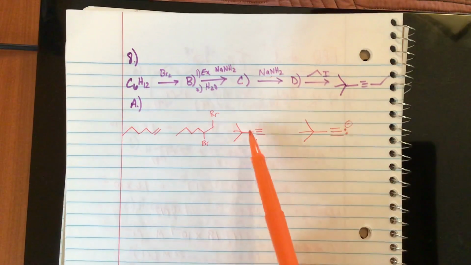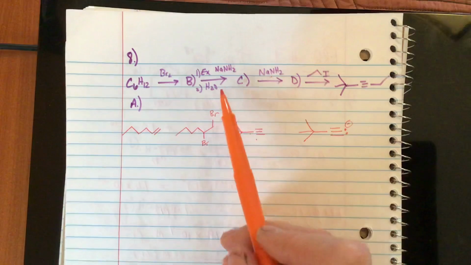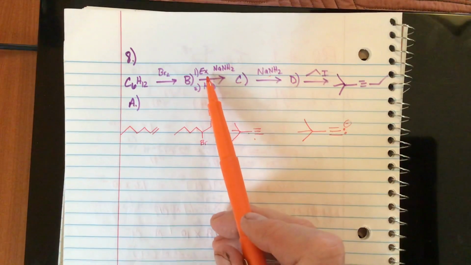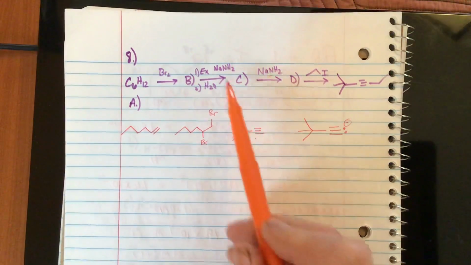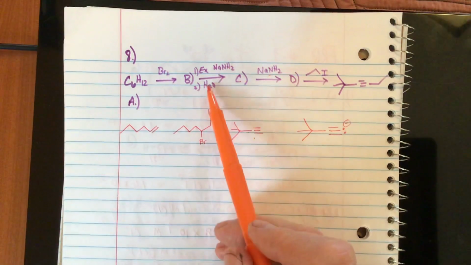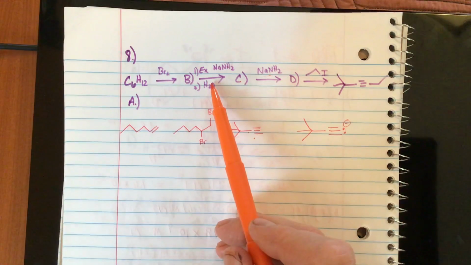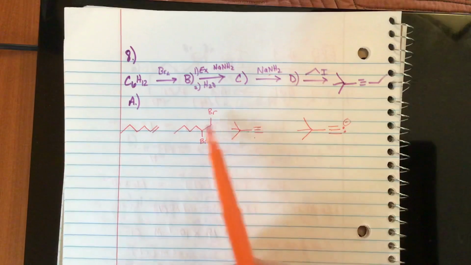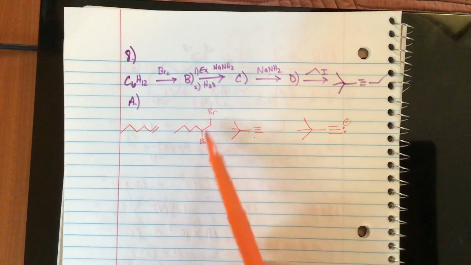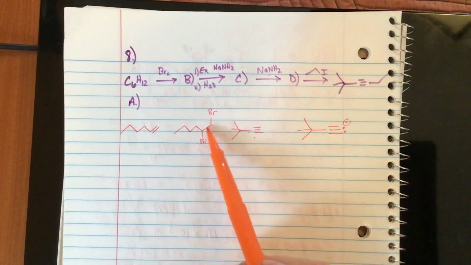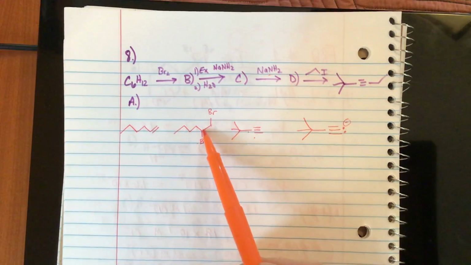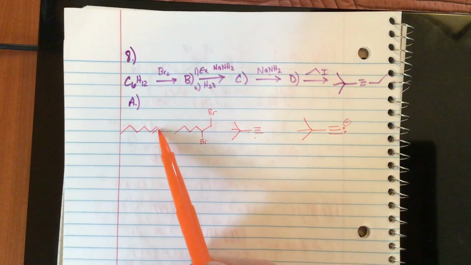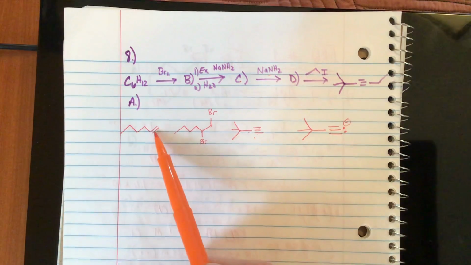So this is D, this is C, and then B was a molecule that was turned into this, but it was reacted with a strong base and water. But then, again, it had bromine in it too. Going backwards from this, I have bromines on opposite carbons, which means that C6H12 was this molecule here with our double bond on one of the ends.